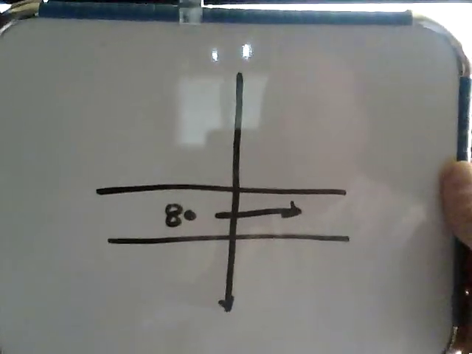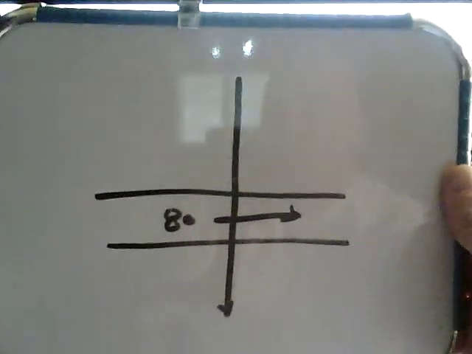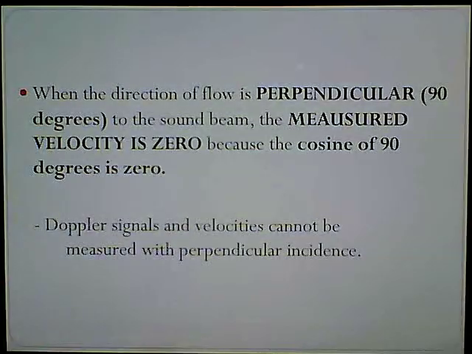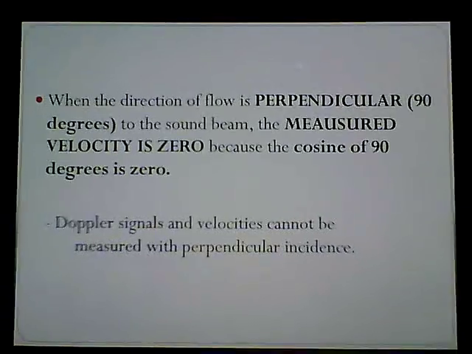My red blood cells are traveling to the right. That sound beam is cutting it in half. 0 velocity. Doppler signals and velocities cannot be measured with perpendicular incidence.